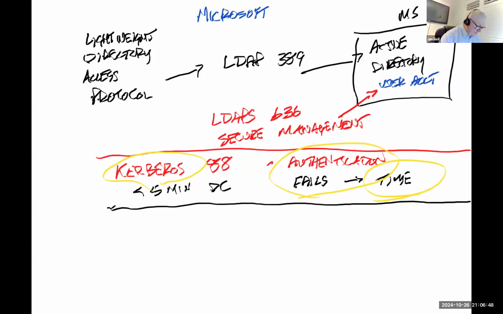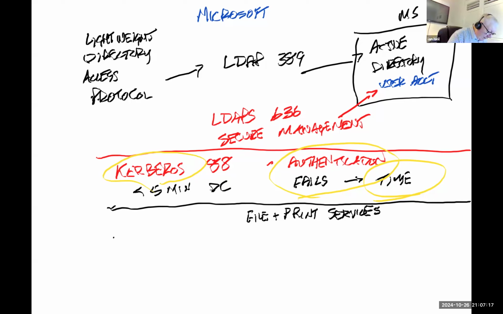Now, the next thing we're going to look at is file and print services. Now, this is Microsoft File and Print Services, and you cannot disable it because if File and Print Services is not working, you won't be able to print or access any of your resources.